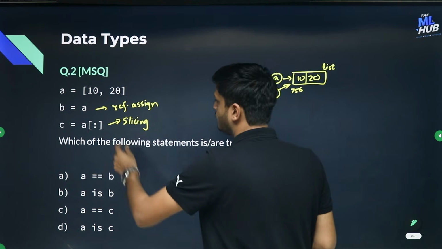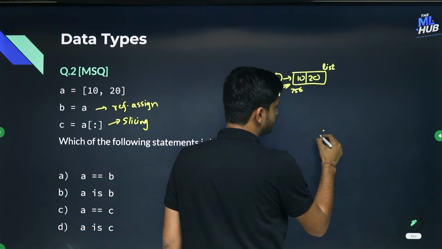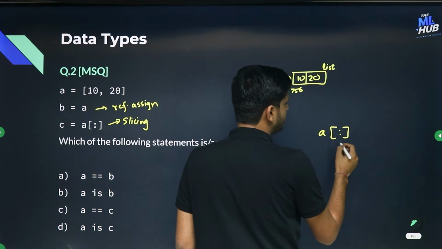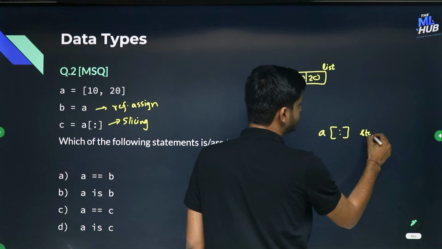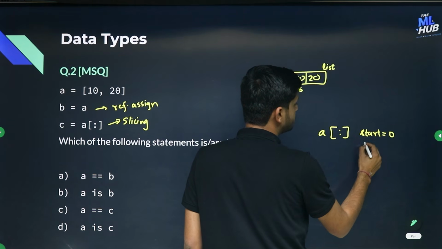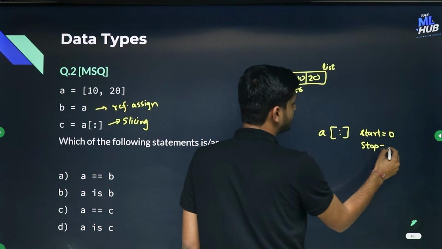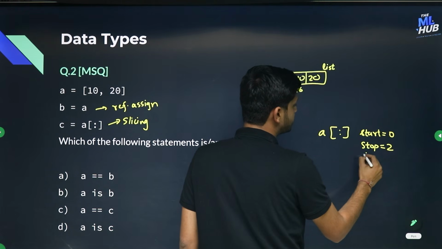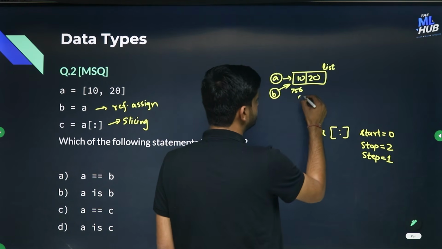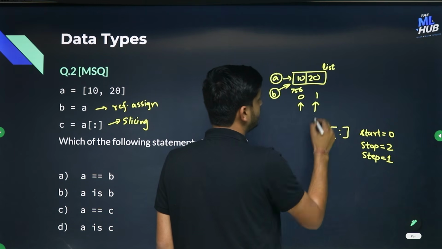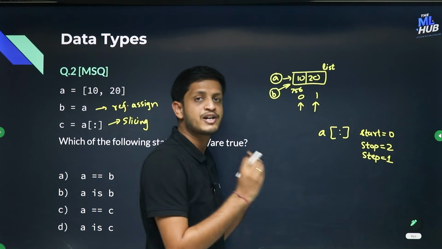Then we are saying C is equal to A colon. A colon means we are actually taking the entire slice. Because start is not given, default value of start will be taken as 0. Stop is not given, default value of stop will be taken as the length of the list, which is 2. And step size is not given, so default value of step will be taken as 1. So entire list from 0 to 1 will be taken, right? And slicing always creates a copy.